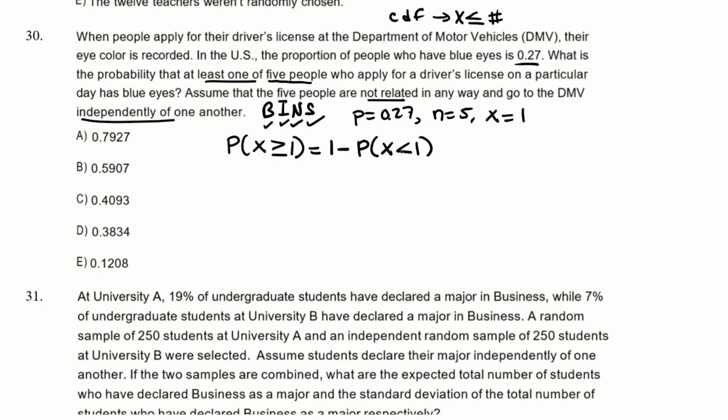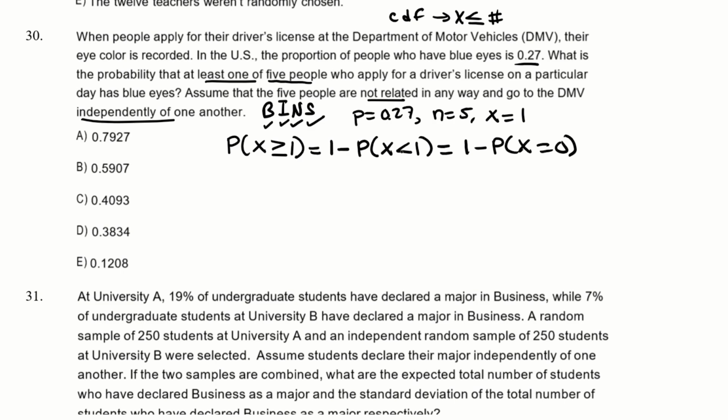But what we could do is say that this is less than or equal to 0, right? If it's less than or equal to 0, that means it's 0 because you can't be less than 0. So therefore, we could just say it's 1 minus the probability that x is equal to 0.